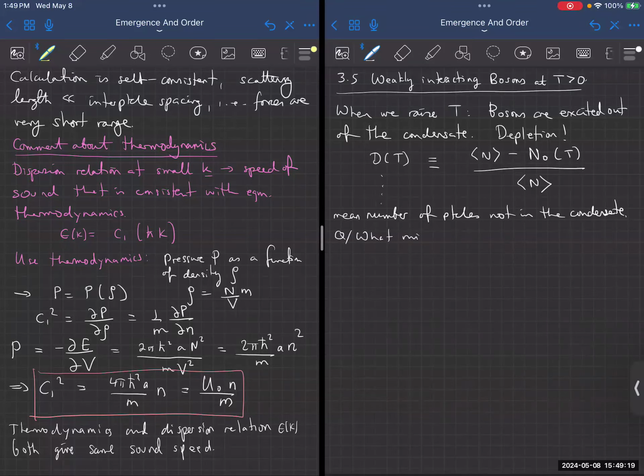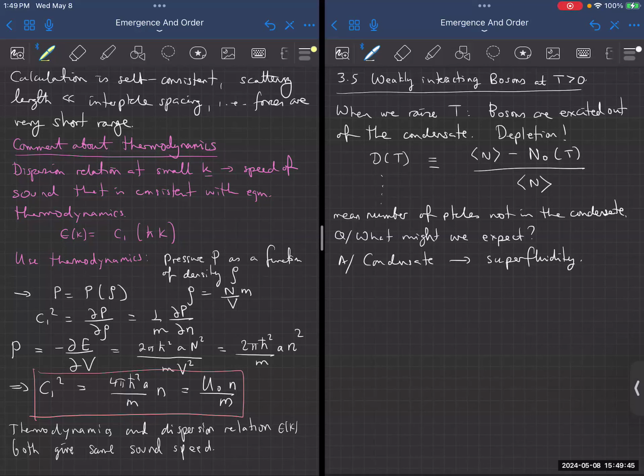What might we expect for this? And the answer is, well, remember that the condensate is what gives us superfluidity. We saw that last week.